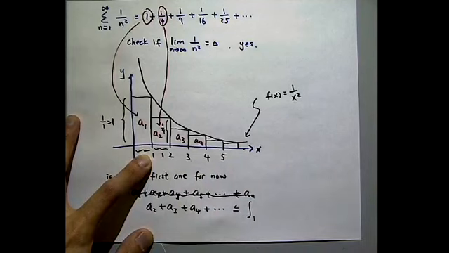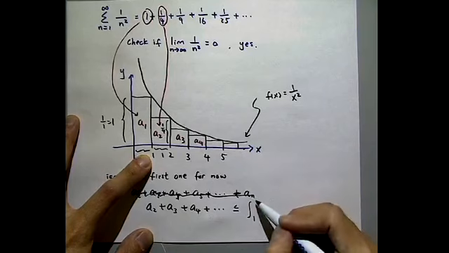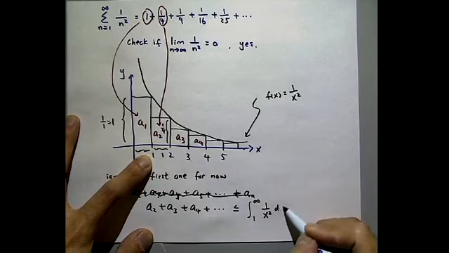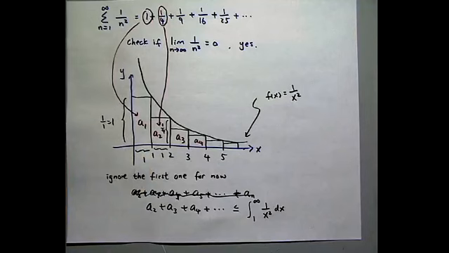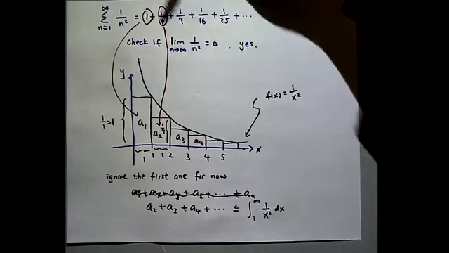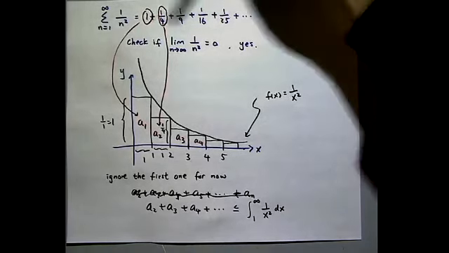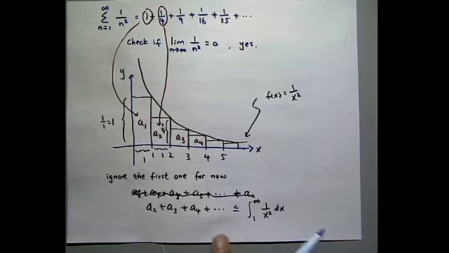Where does it end? Infinity, right? It keeps going. We're not stopping anywhere. Okay? So we're saying that all of these rectangles added together, which represents 1 over 4 plus 1 over 9 plus 1 over 16 plus 1 over 25, and so on, is no bigger than this.